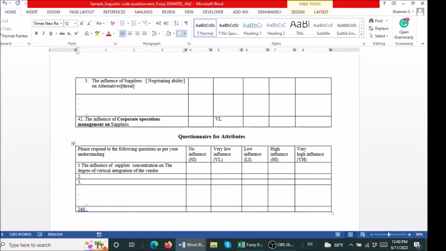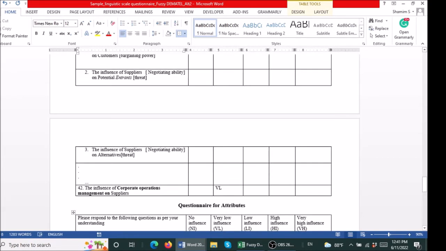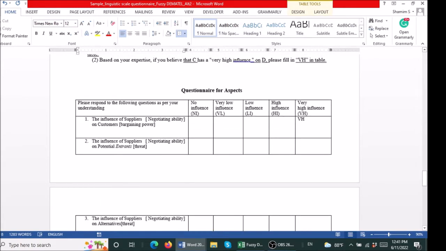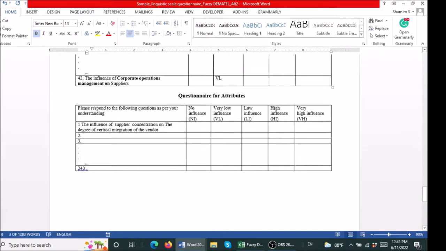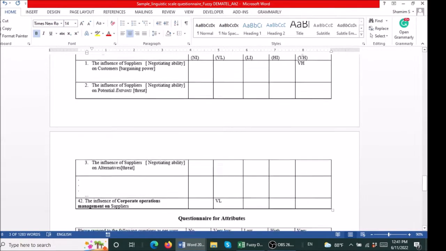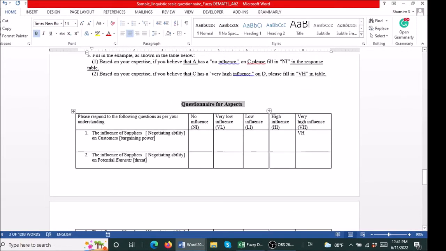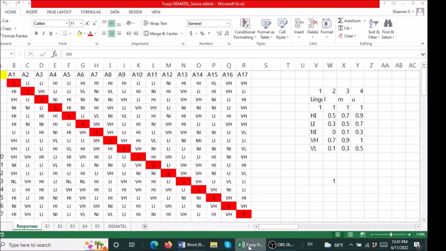Sometimes respondents will be afraid by seeing this long questionnaire. That's the limitation of this alternative approach, but it is relatively easy to understand. So if you find that this alternative approach is suitable for your context, you can go for using this alternative questionnaire, no problem.